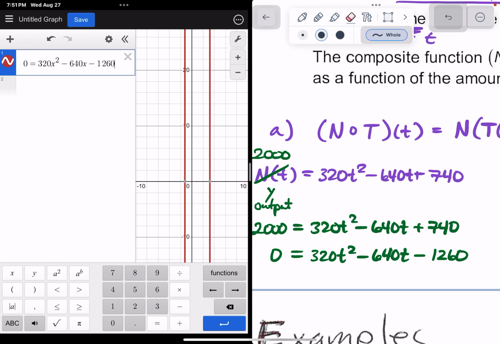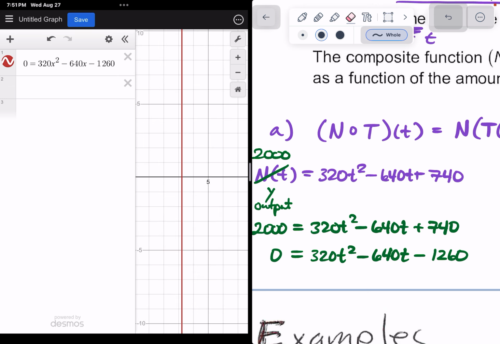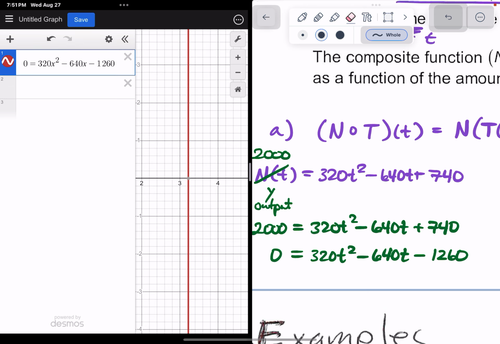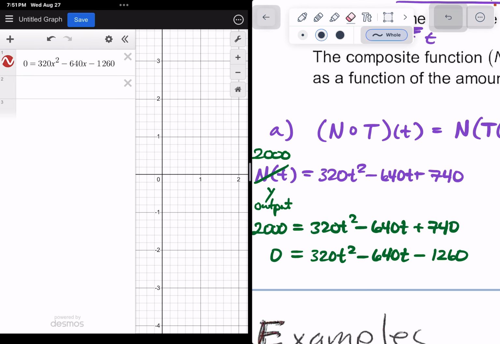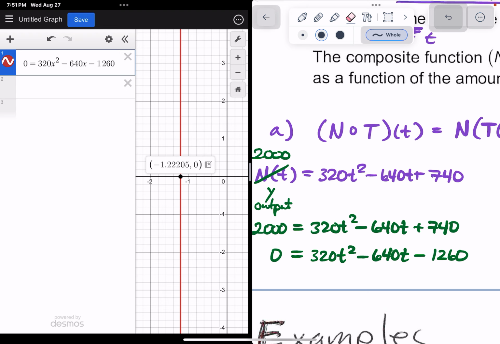All right, so I'm solving this equation. Whenever you type an equation into Desmos, you just want to look for the x-intercepts. So I can actually highlight this, and there's an x-intercept right there. There's also another one over here, but notice we have a negative number, negative 1.22. That would imply we're going backwards in time, right?